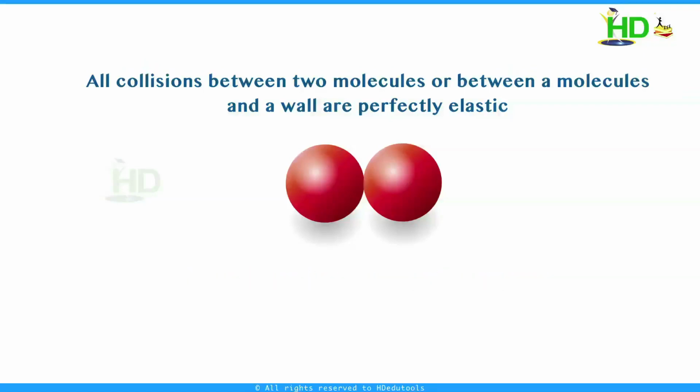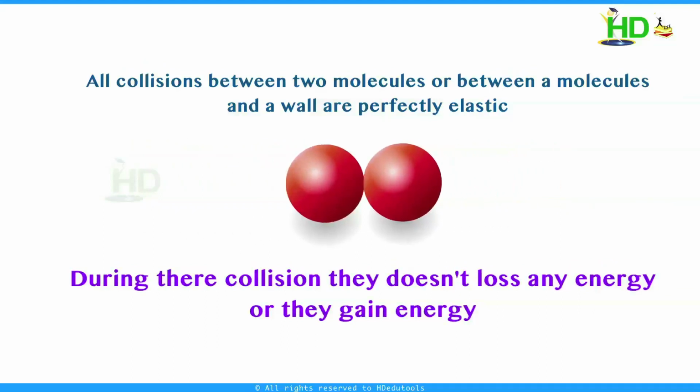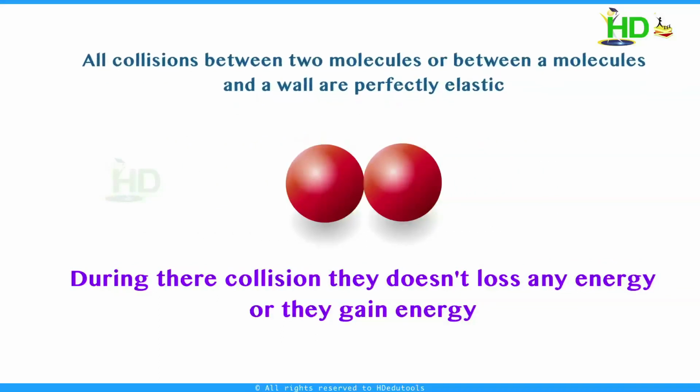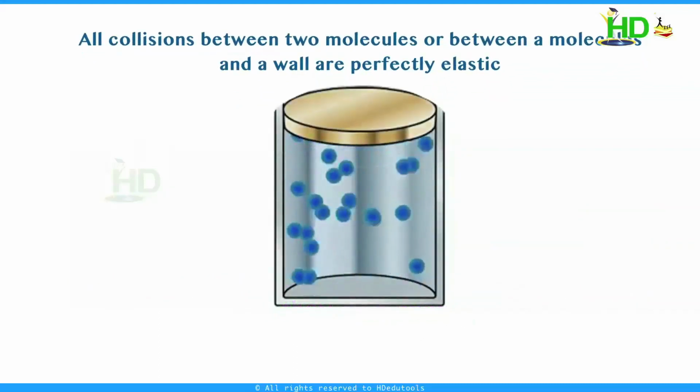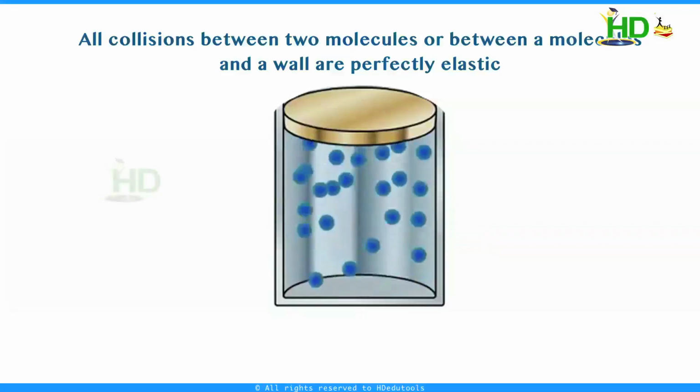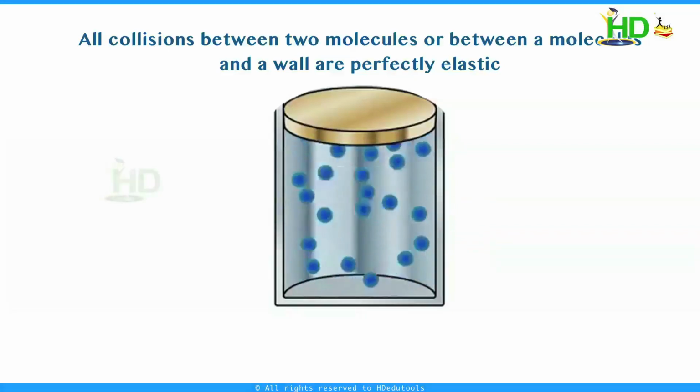The collisions between the molecules of a gas are perfectly elastic. That means during the collision, they don't lose any energy or gain energy. All these collisions are perfectly elastic, and during this collision, there is no change in shape, size or energy of the molecule.